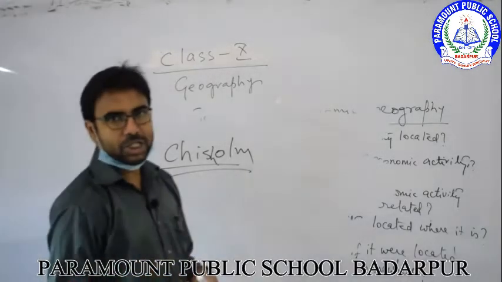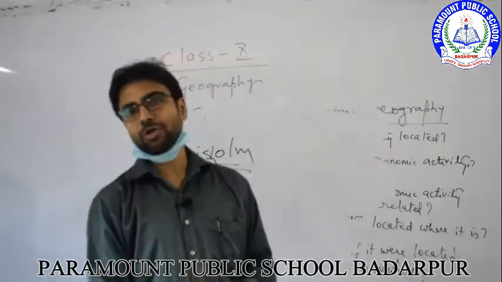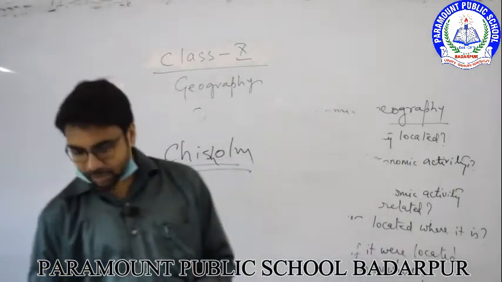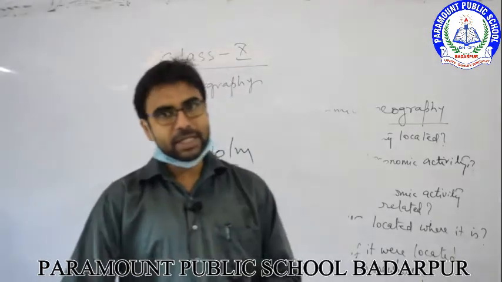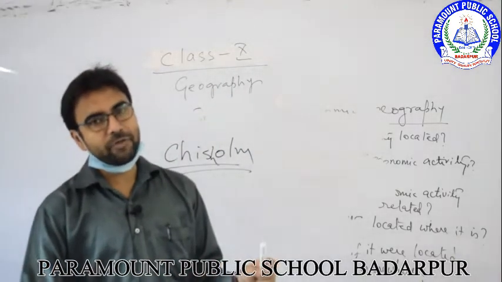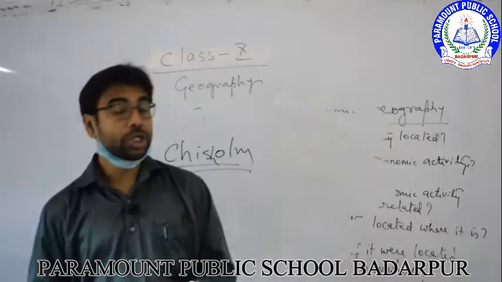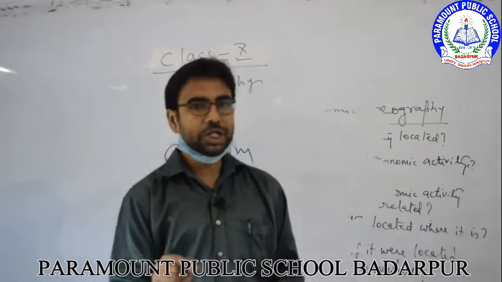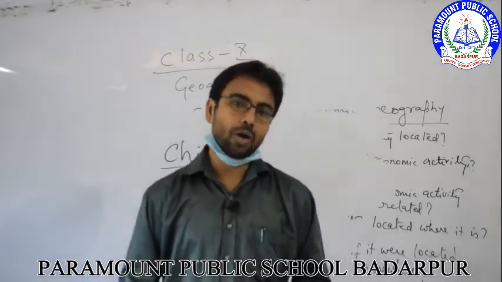Alright, George Chism is a very important person. Now my next question to you, who is called the father of modern economic geography? The answer is, the father of modern economic geography is, who is he? Yes, he is George Chism. So this question and the answer, please write it in your copies.